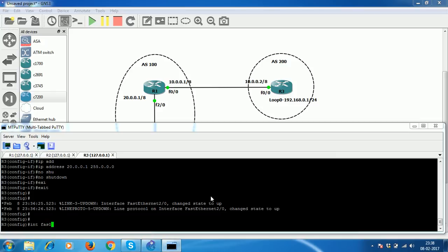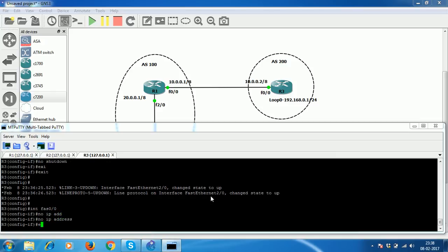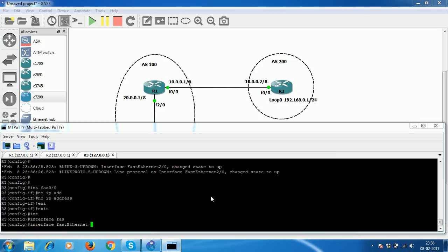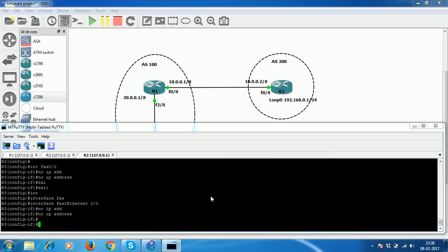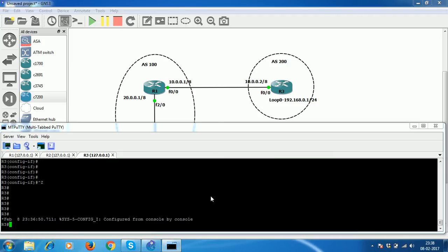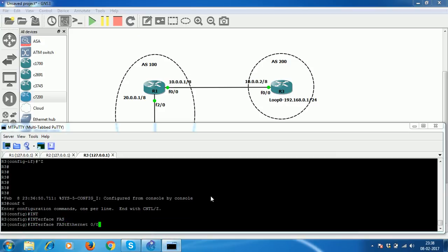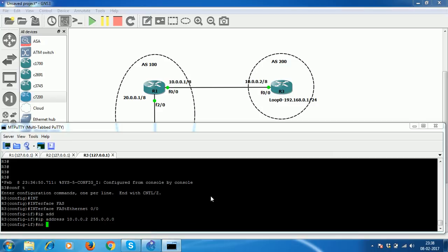Interface FastEthernet 0/0, no IP address. Interface FastEthernet 2/0, no IP address. In router 3 we have two interfaces. FastEthernet 0/0, IP address 10.0.0.2, 255.0.0.0, no shutdown.